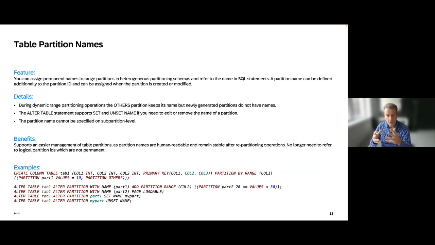You may know that you have partition IDs whenever you partition a table, and using the partition ID can be a bit inconvenient and confusing because you need to remember it, and the partition ID changes when you repartition a table. This doesn't happen with partition names. You can assign them to partitions in addition to the partition ID, and they remain stable.